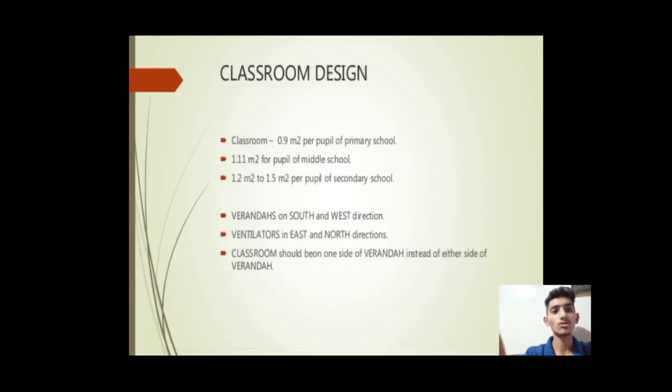Classroom design: 0.9 meter per pupil for primary school, 1.1 meter per pupil for middle school, 1.2 to 1.5 meter per pupil for secondary school. Verandahs on south and west direction. Ventilators in east and north direction. Classroom should have ventilation on one side instead of each side.